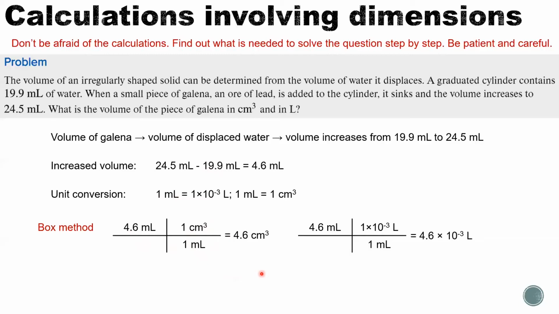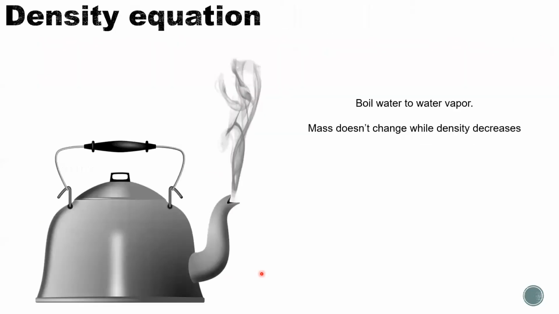There are some other questions that involve density. So then we need to talk about the equation that involves density. For example, if you have some liquid water in this kettle and you boil it all the way up to water vapor, imagine it's still the same amount of water, it's just turning from liquid to vapor.